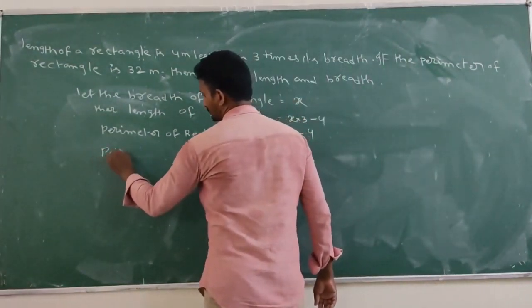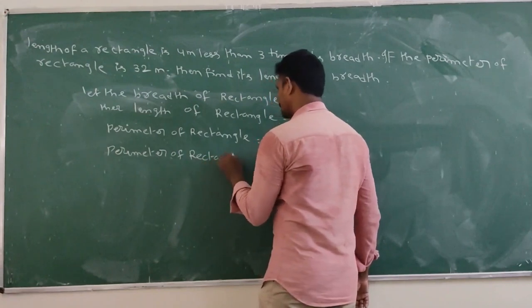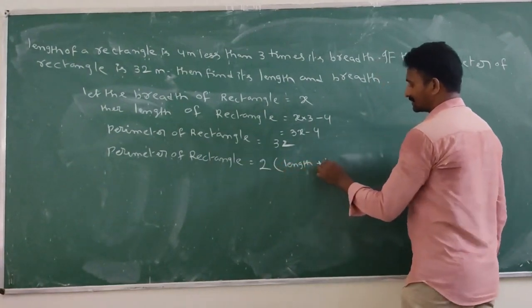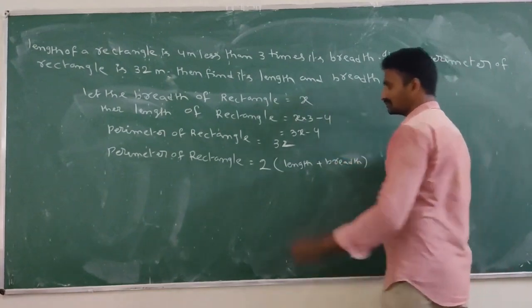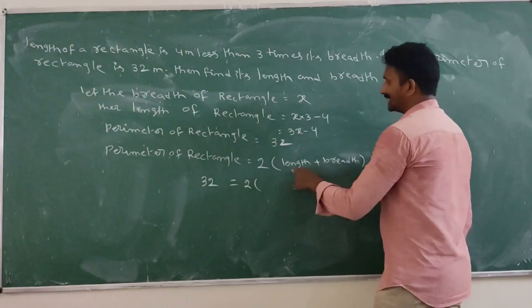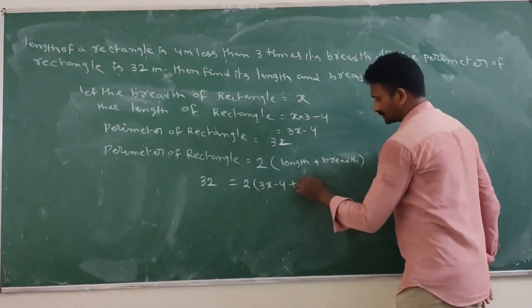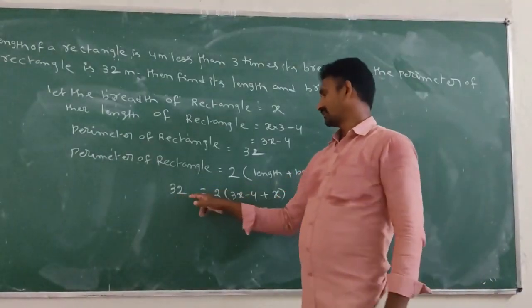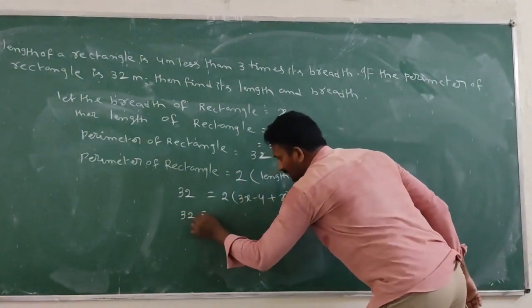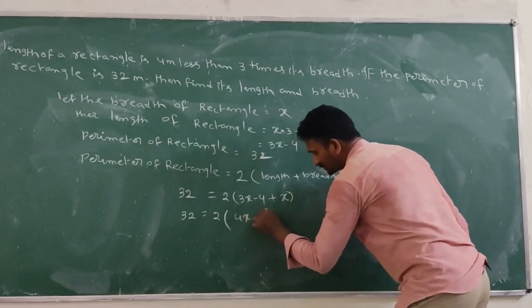Perimeter is 32, length is 3x minus 4, breadth is x. So 32 equal to 2 into 3x minus 4 plus x. 32 equal to 2 into 3x plus x, 4x minus 4.